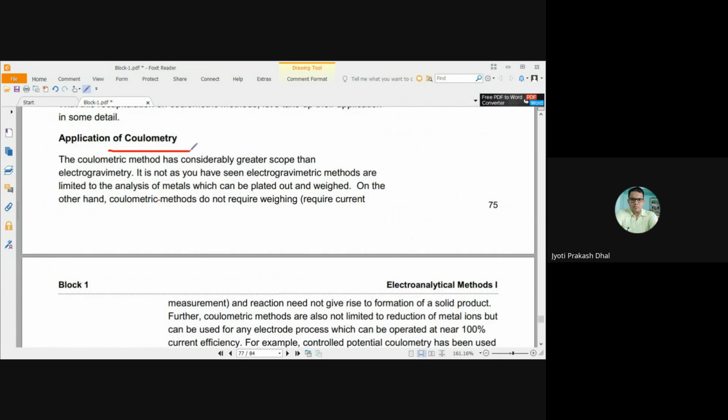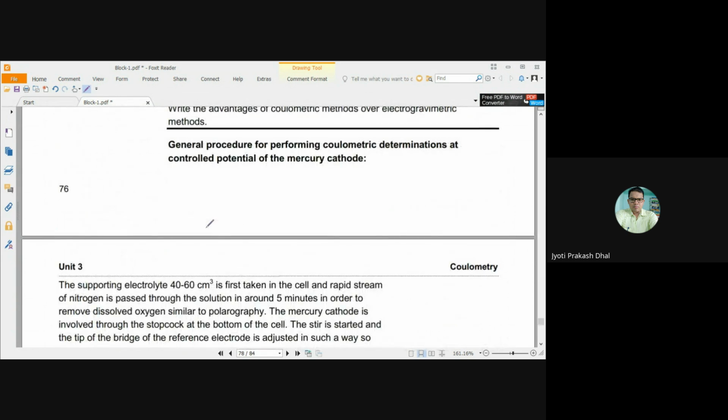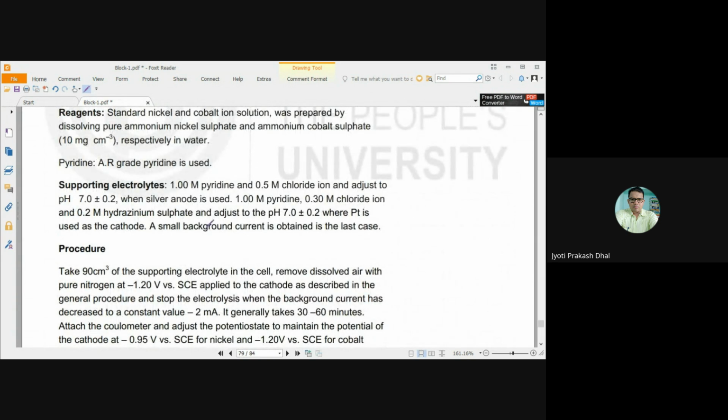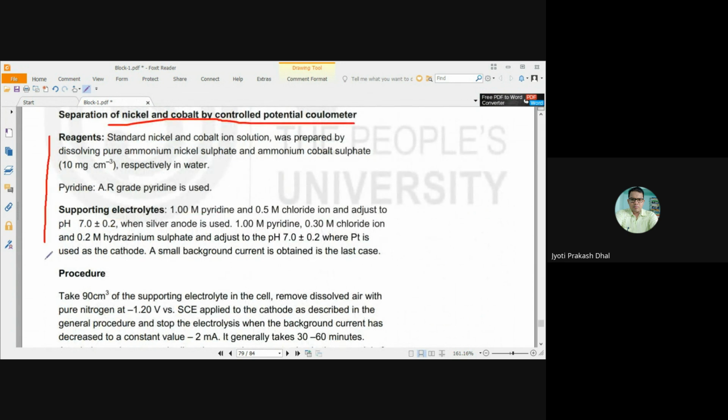Then the application of the coulometric method: this is the separation of nickel and cobalt by controlled potential coulometry. This is very difficult by chemical methods, but by this method you can easily separate nickel and cobalt by the controlled potential coulometric method.